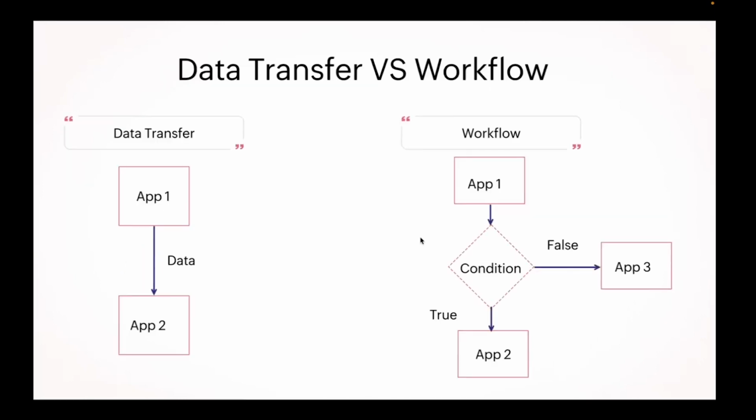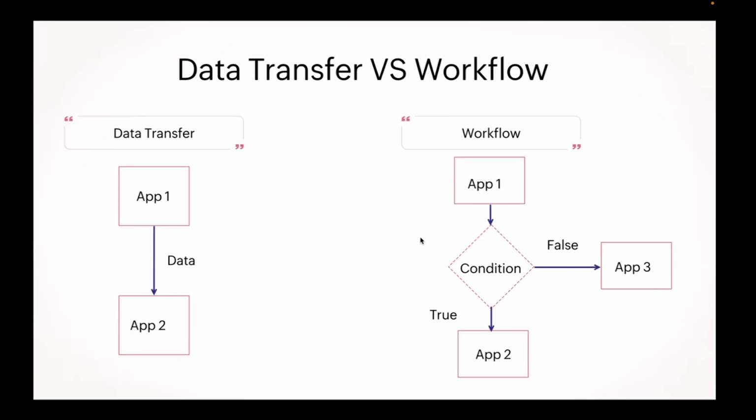Now, let's get into today's topic. That was the recap. Today's topic is about conditional logic capabilities. If not for logic capabilities, what we are left with is what you see on the left side of your screen, which is data transfer.